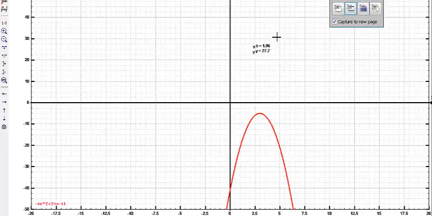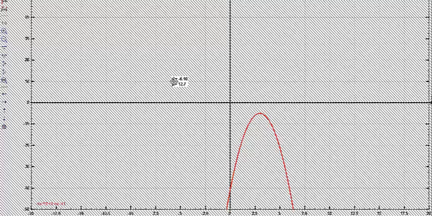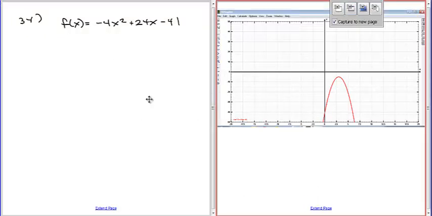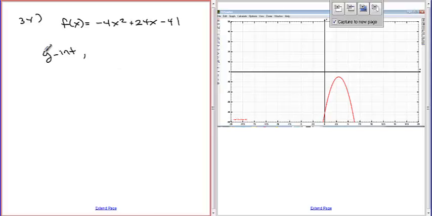Okay, so let's take a picture of that. So there it is. Okay. Y-intercept. Set x equals 0. You get y is equal to negative 41. So that's that point right there.